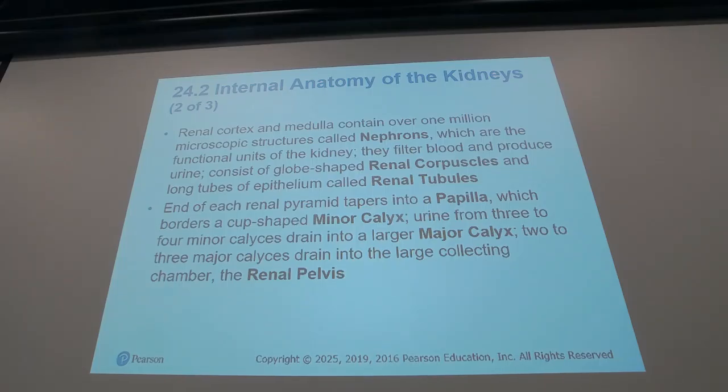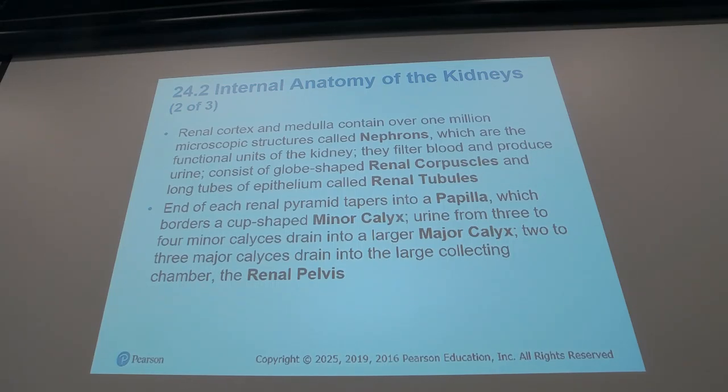Now, the pyramids have collecting ducts coming from these renal tubules that are going to drain the urine into the tip of the pyramids that are called papilla.